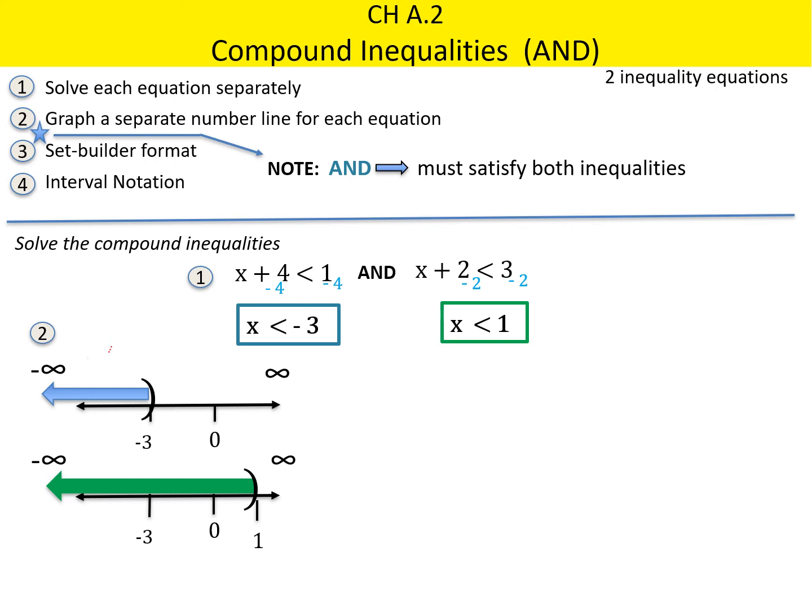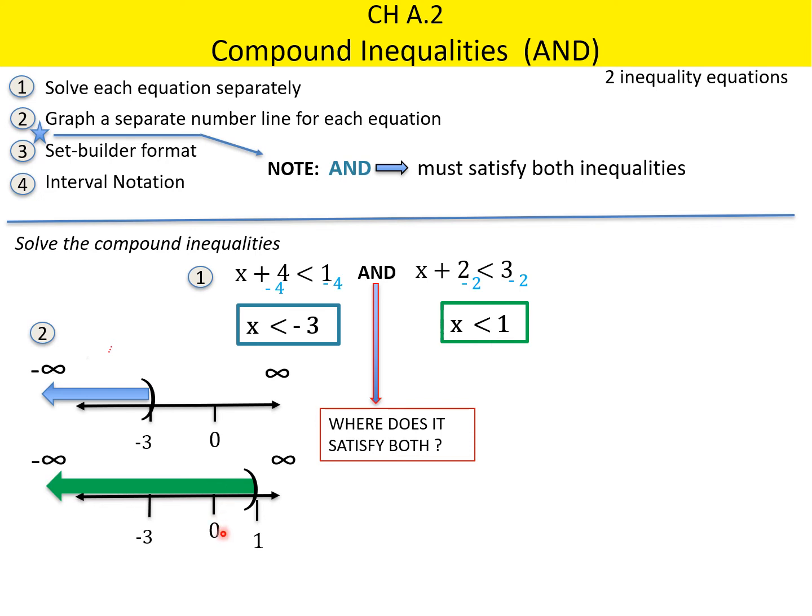Now remember, the answer that we're looking for must satisfy both equations because we have the AND. The question we have to ask ourselves is, where does our answer satisfy both of these equations on the number line? Let's take a look.